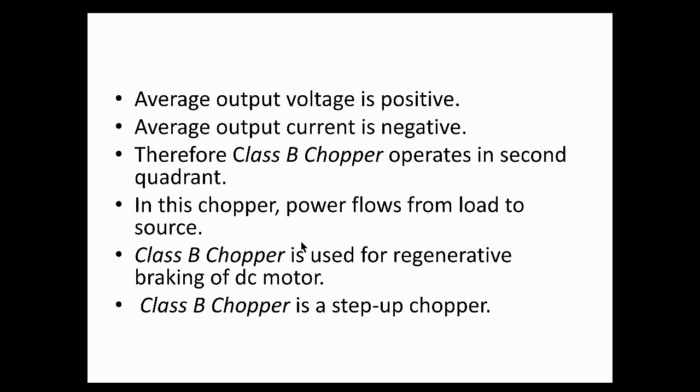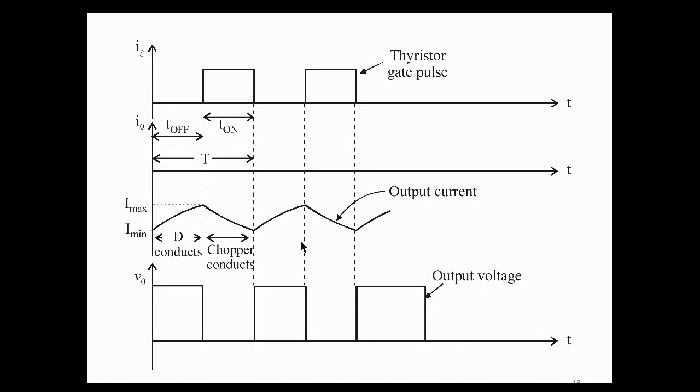All right, so we can now look at the waveform. Normally, it should summarize all of what we spoke about just now. So look here, we have our pulse on, pulse off, at the gate of our thyristor, and we look at what is happening at the output.